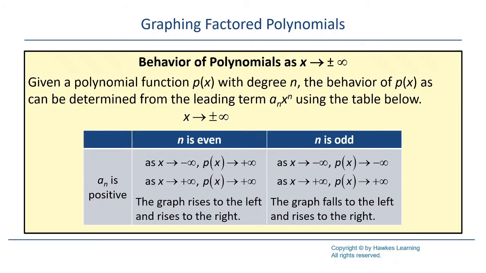And so to go off of, well, how did I know how to sketch it? A lot of times this is referred to as end behavior. So the end behavior of polynomials is x goes to positive or negative infinity. Now, to determine the behavior, all you need is the leading coefficient and the power of the polynomial.